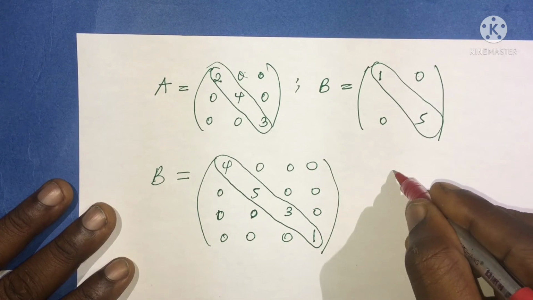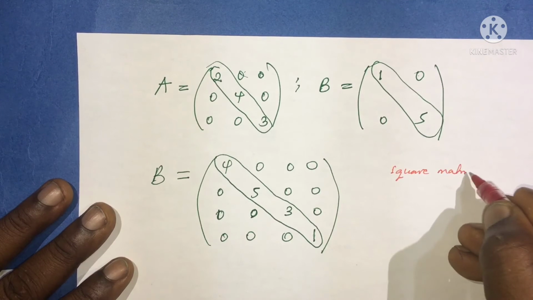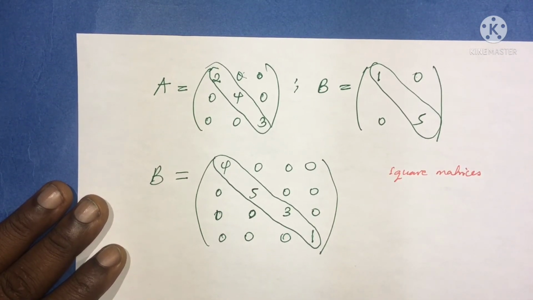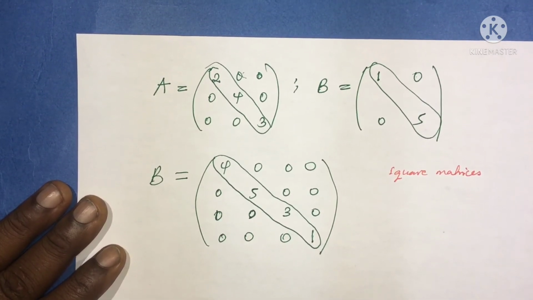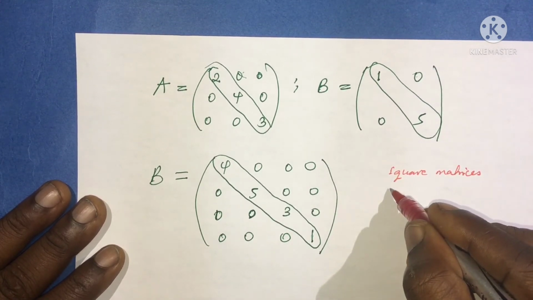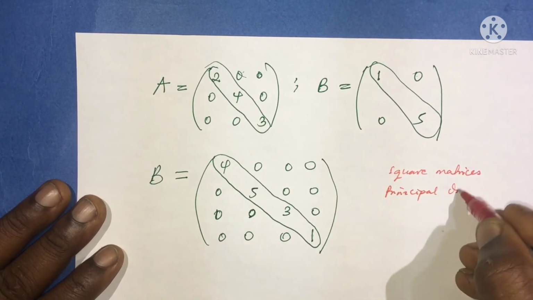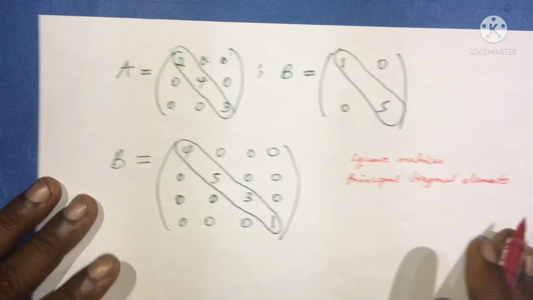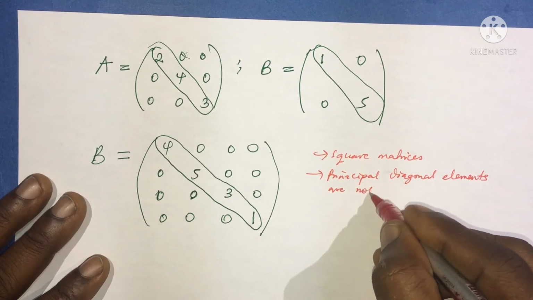Number one, they are all square matrices. The three examples I've just given, all of them are square matrices. What that means is that for these matrices to be diagonal matrix, they must all be square matrices, number one. Number two, you will notice that their principal diagonal elements are not zeros.